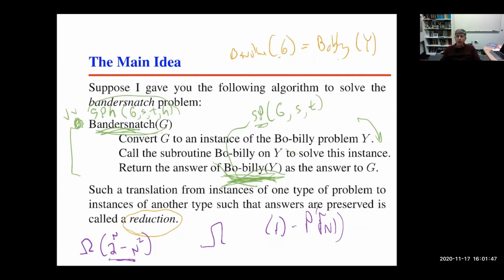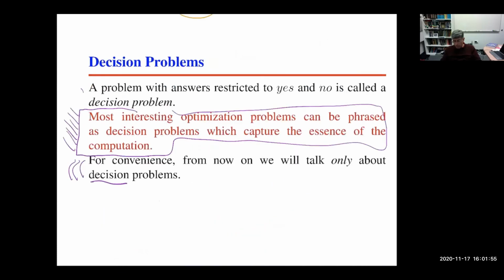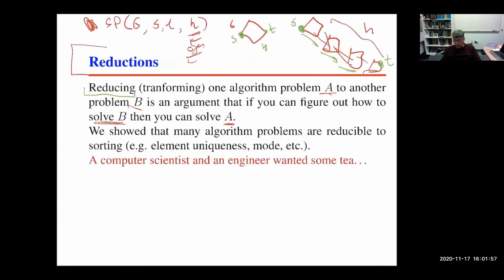That is the logic that we are dealing with here. Any questions about that logic? Any questions about what the idea of a reduction is?